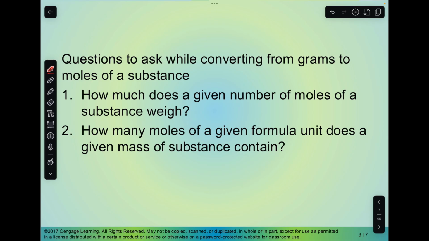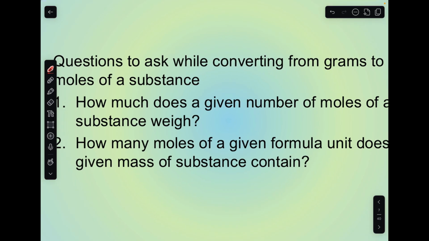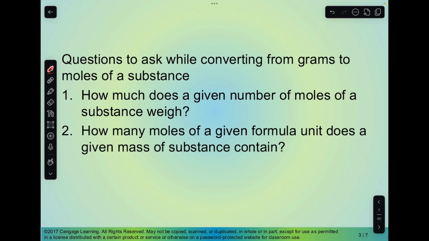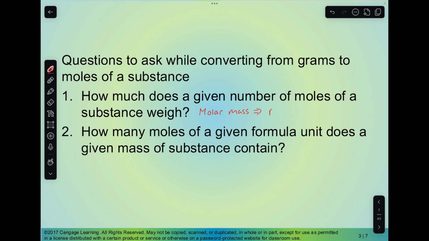And so when you are converting from grams to moles of a substance, you should ask yourself 2 things. And I'm going to add one to this, but I'll explain these first. From grams to moles of a substance, how much does a given number of moles of a substance weigh? This is going to be your molar mass. So this would be found directly on the periodic table. And then you should ask, well, this is basically the exact same thing, the formula unit.